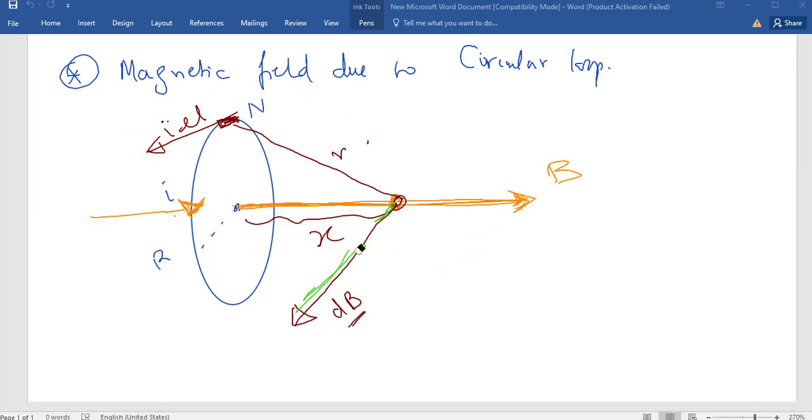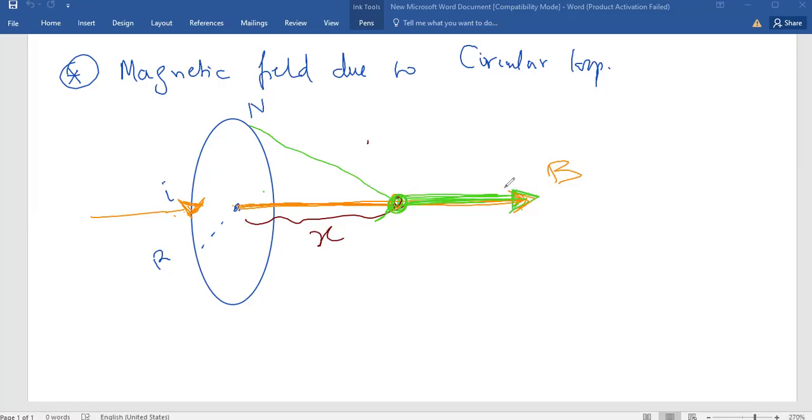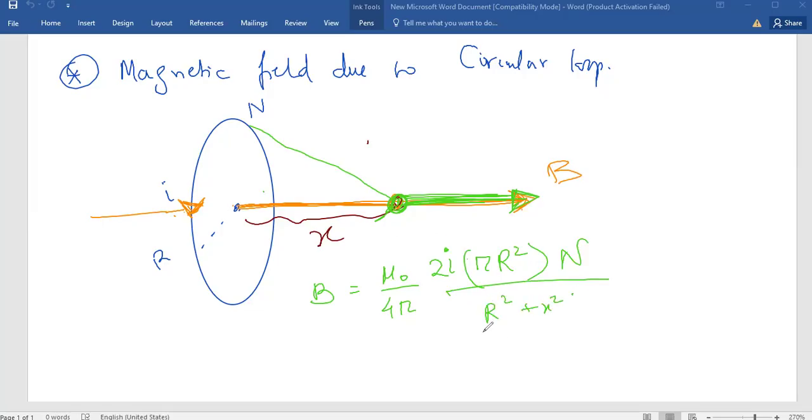Then we will take the integration, and after doing all these things, we will get the magnetic field at this point along the axis, given by mu naught by 4 pi times 2 I pi r square into n by r square plus x square to the power 3 by 2.